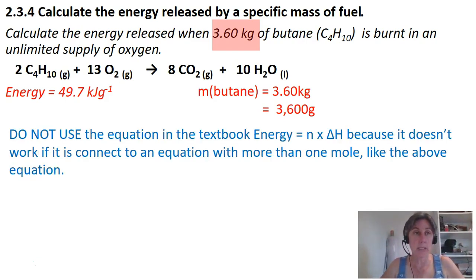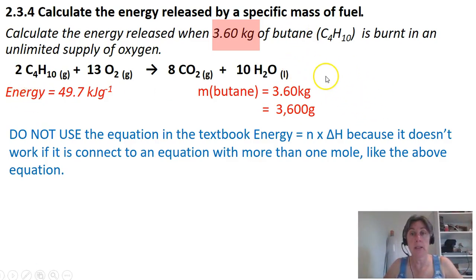So the reason I'm doing this video is because I don't want you to use the equation in the textbook. That equation is just a rearranged ratio, and if you use that equation as it is, with the number of moles, or if you just have grams, it won't work sometimes, because if you're getting the change in enthalpy from the data booklet, the change in enthalpy in the data booklet is for every 1 mole.